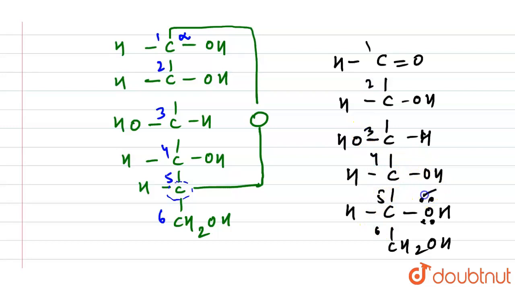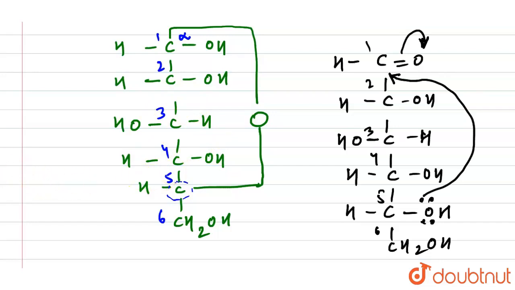This will move to this side. Here the C5 OH of the glucose combines with the C1 aldehyde. As a result, C1 becomes chiral or asymmetric, and we have two representations, and one will be the beta representation.